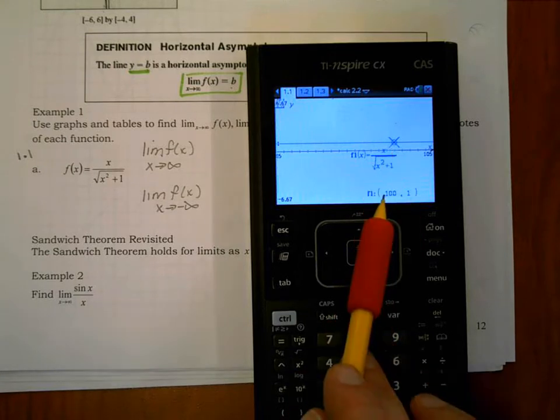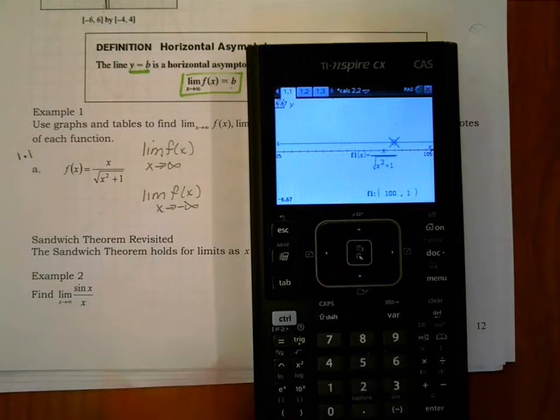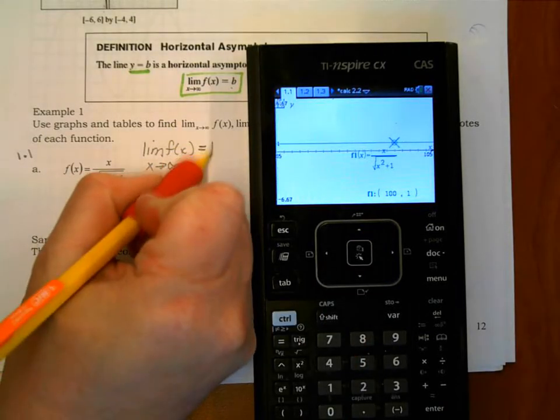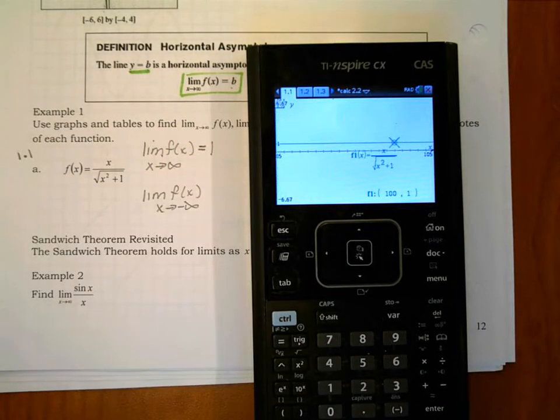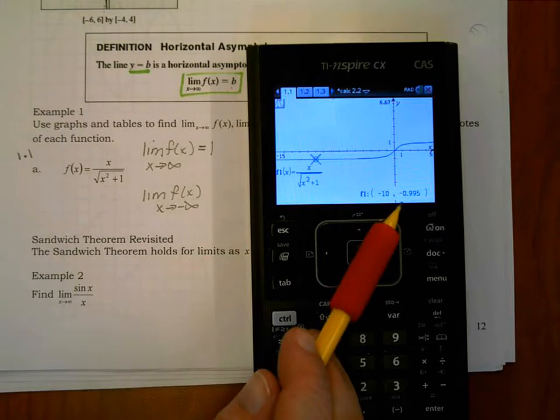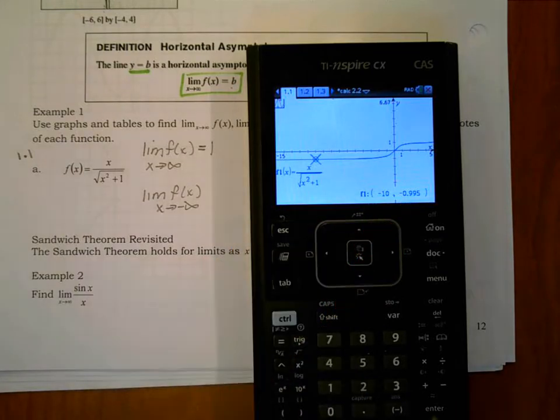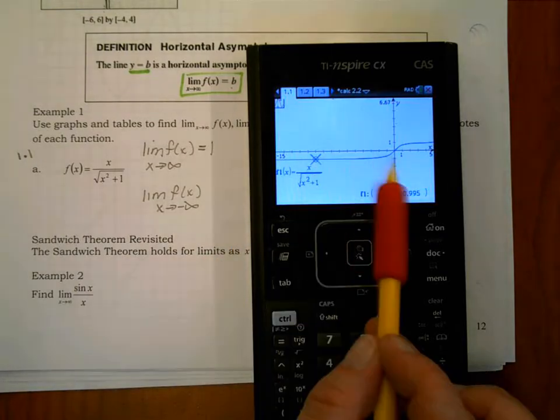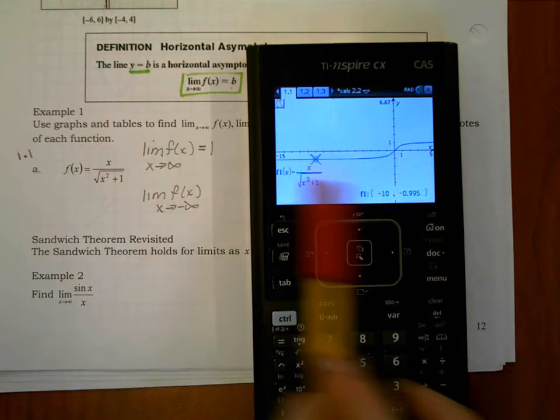So as I put in bigger and bigger values of x in that graph trace option, the y values are getting closer to 1. And I could see what happens as x gets smaller and smaller. Let's say I put in negative 10 and hit enter. I can see it's negative 0.999, so this doesn't look like it's leveling off at 1. Let's see where this is leveling off. Kind of looks like maybe negative 1.